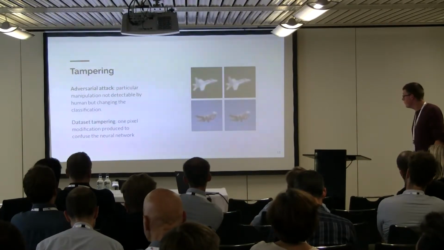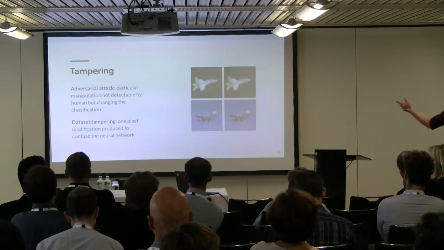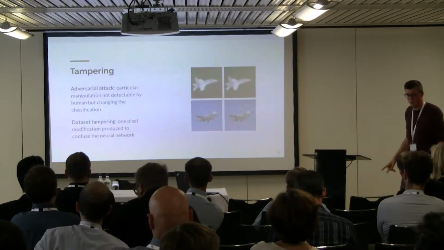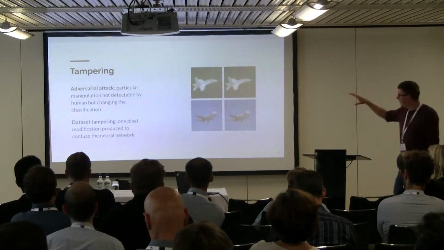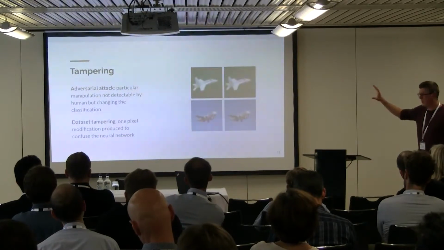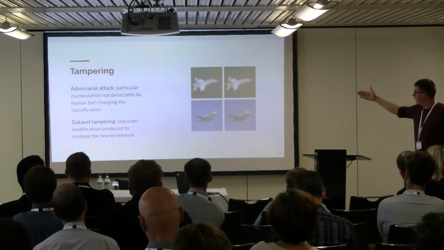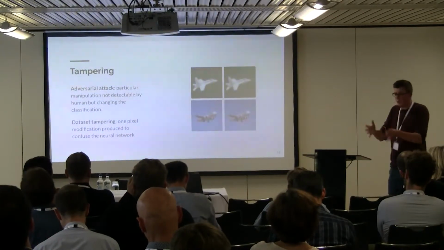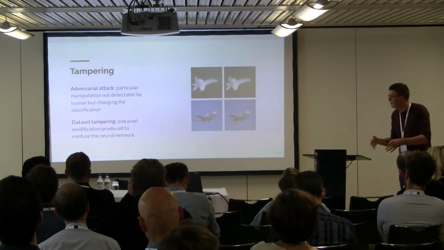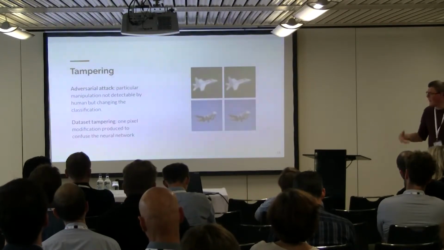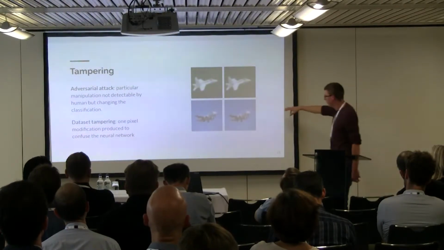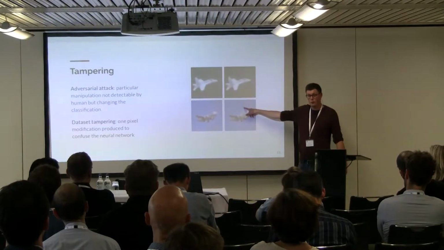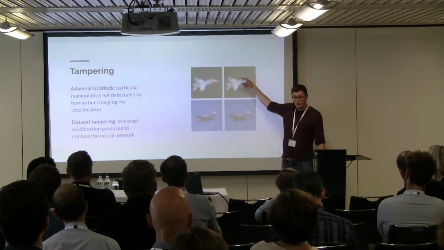The last use case was dataset tampering, so I will just explain what dataset tampering is. The idea is quite similar to an adversarial attack. An adversarial attack is a particular manipulation, not detectable to a human, but changing the classification at the end. In dataset tampering, and you have the example here, if you look closely, there is a green pixel here, and exactly the same one here.